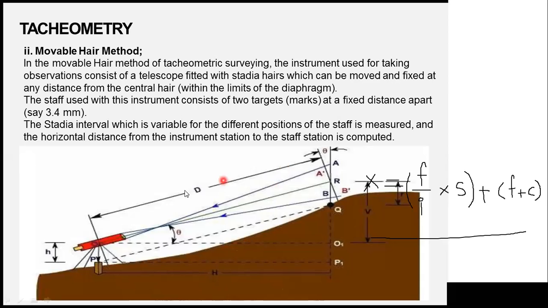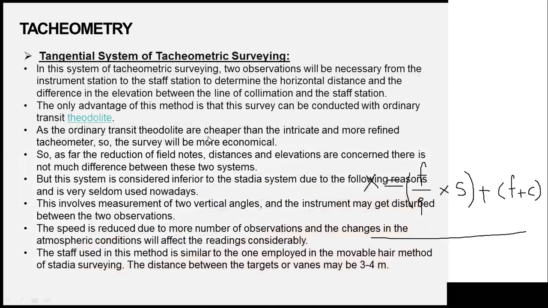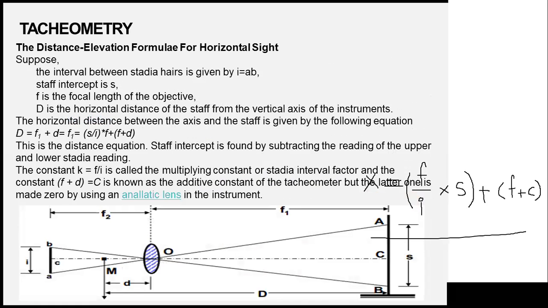So this is the movable hair method. Again the same diagram is shown here, and you will get the same formula, f by i into s or s by i into f, both are the same thing, plus f plus c.